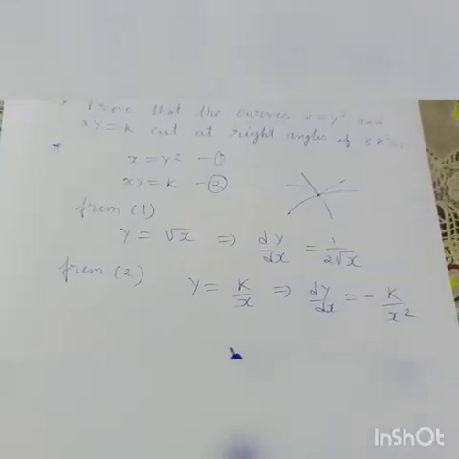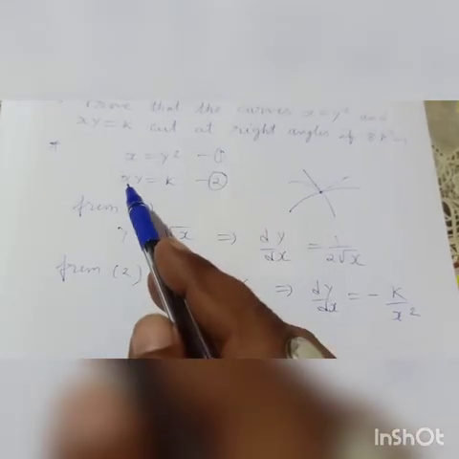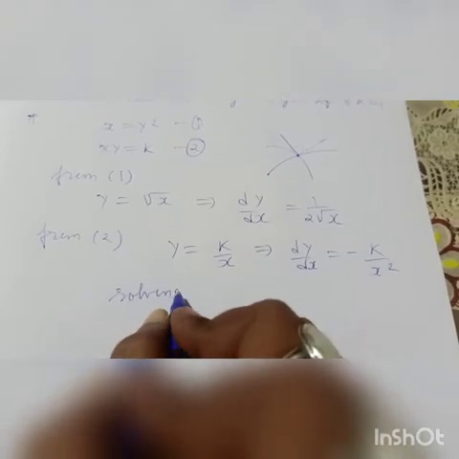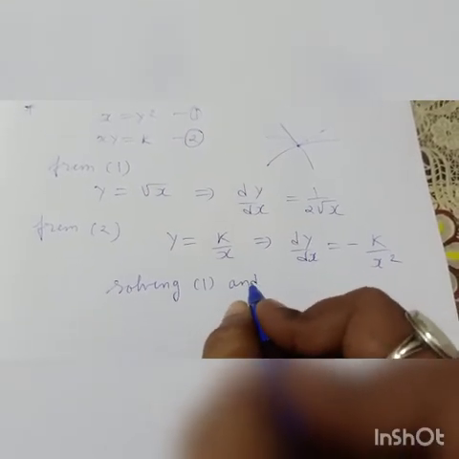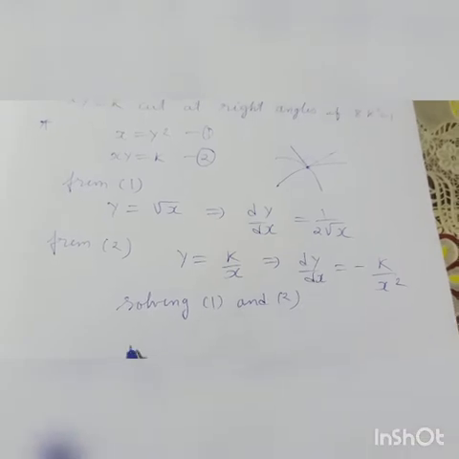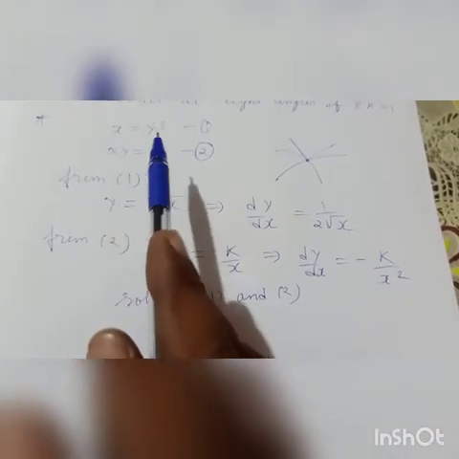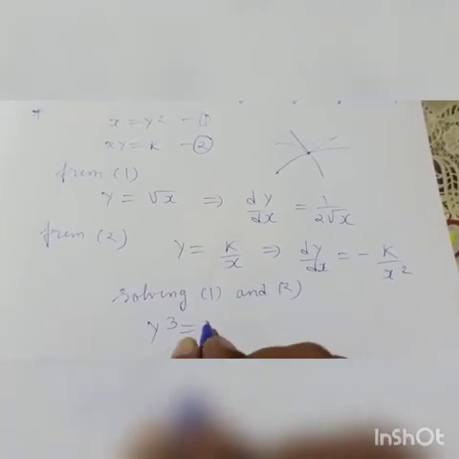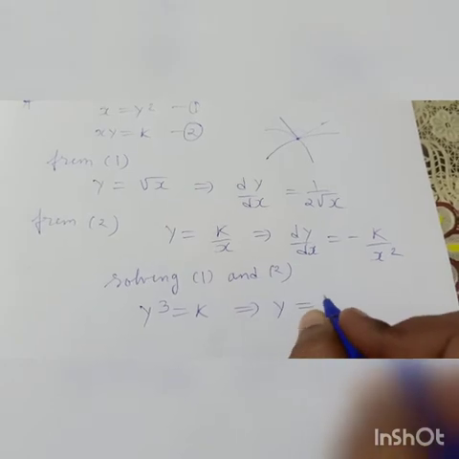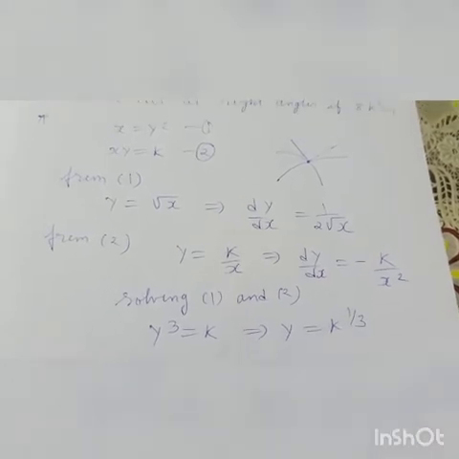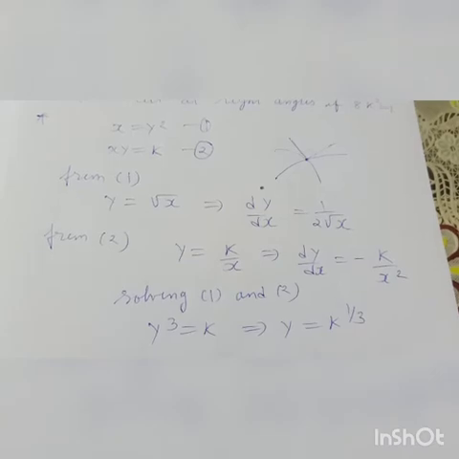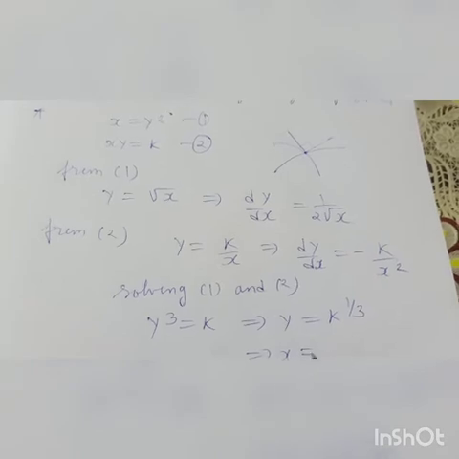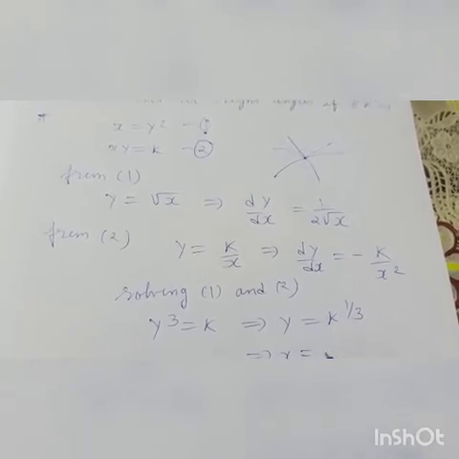So we will solve these two equations. Putting the value of x from 1 into 2, we get y cube equals k. This implies y equals k raised to 1 by 3, and putting the value of y in the first equation, we get x equals k raised to 2 by 3.